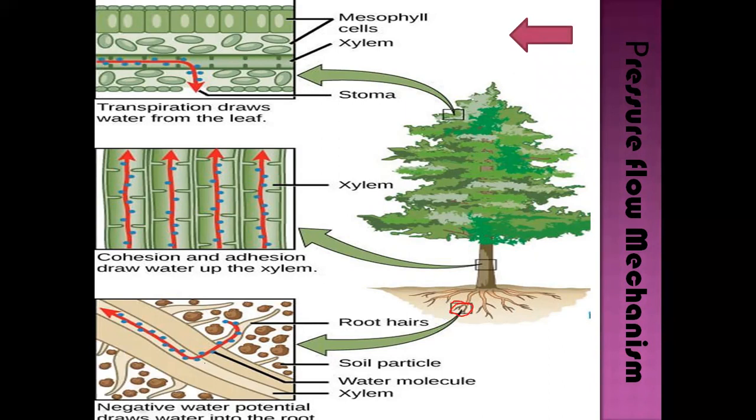From the root hair, water is absorbed in the columns, and these columns make the force of attraction, and now the water reaches from the root into the stem, and in the stem water moves in the columns going upward, and now the water reaches the leaves, and from the xylem it comes out of the stomata, and that is actually the process of transpiration as well.